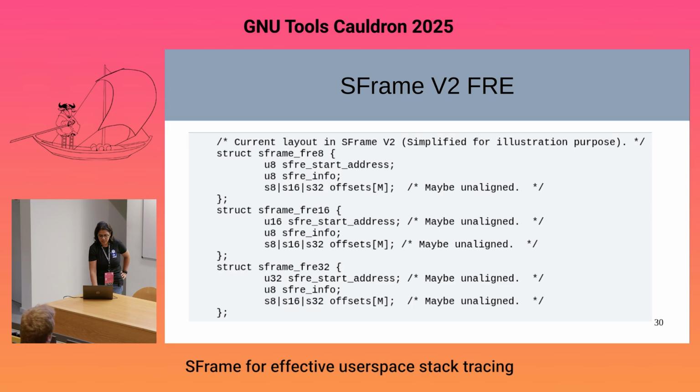Each FRE starts with an offset. So if there is a function of 80 bytes, all you want to encode is how far down in this function you are. So maybe you are at offset 45 in this function. The size that you need for this FRE start address is contingent on the size of the function.